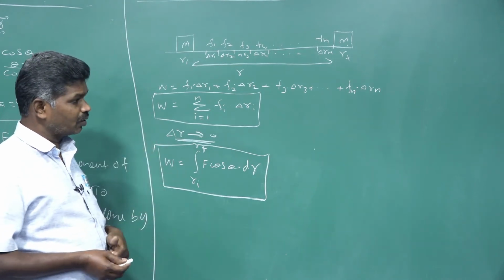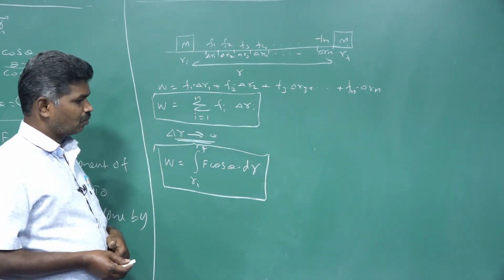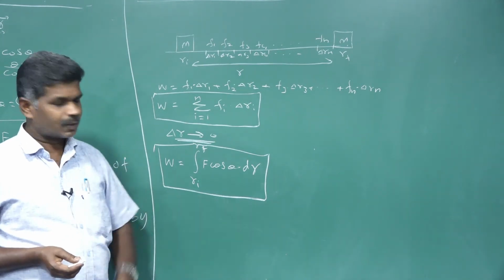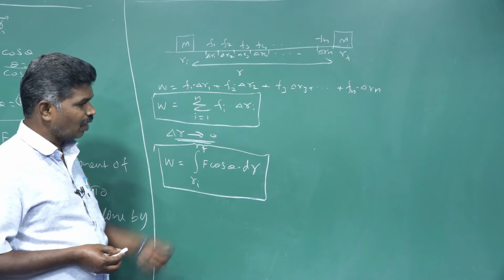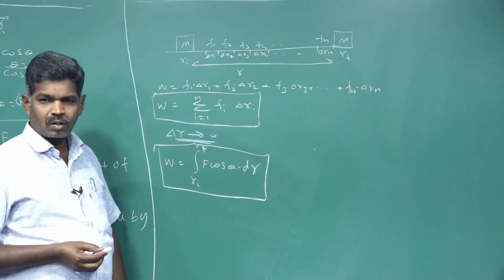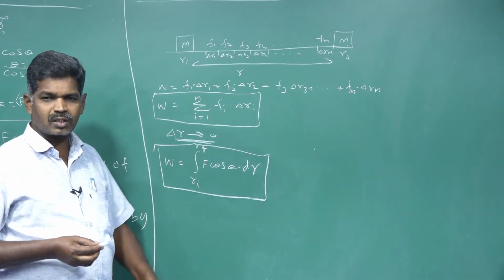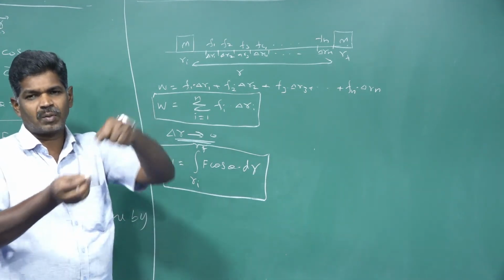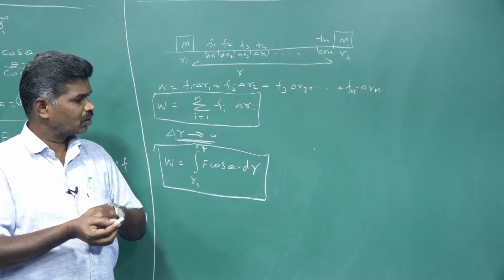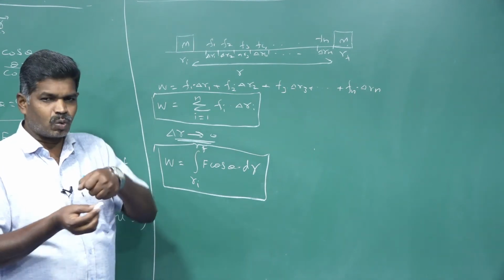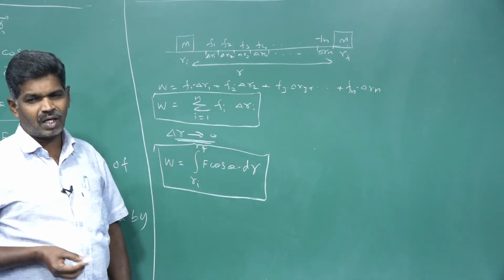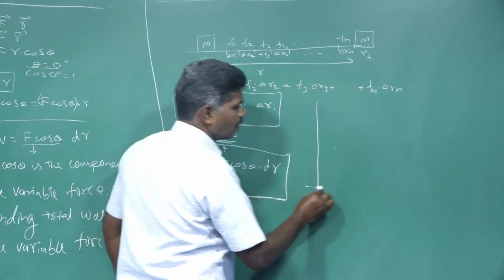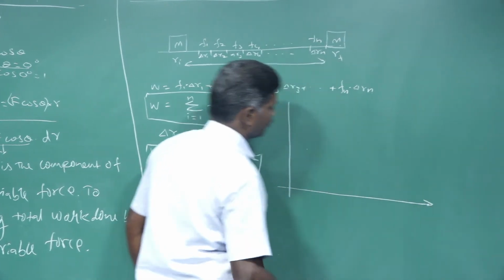Then we are going to find the total work done by the graphical method. Graphically, our force is applied on the object to change its displacement. So our force and displacement values are represented in a graph. A two-dimensional graph we are going to tackle.